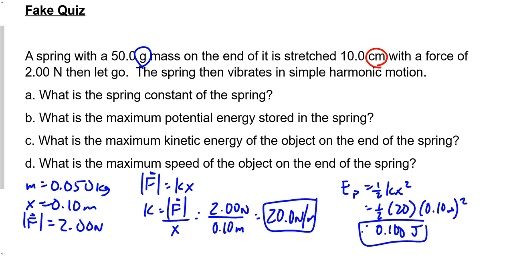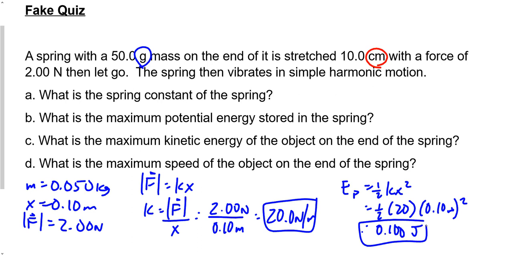When there's no displacement and all the potential has been converted to kinetic, then we're at maximum kinetic energy. The maximum kinetic energy is 0.100 joules. That's it, right? EI equals EF. The initial is potential, 0.1. The final is kinetic, 0.1. So for question C, EK, the maximum kinetic energy is 0.100 joules.